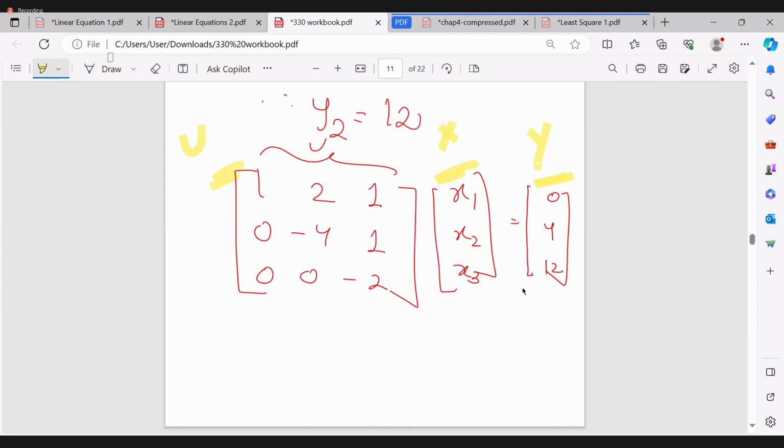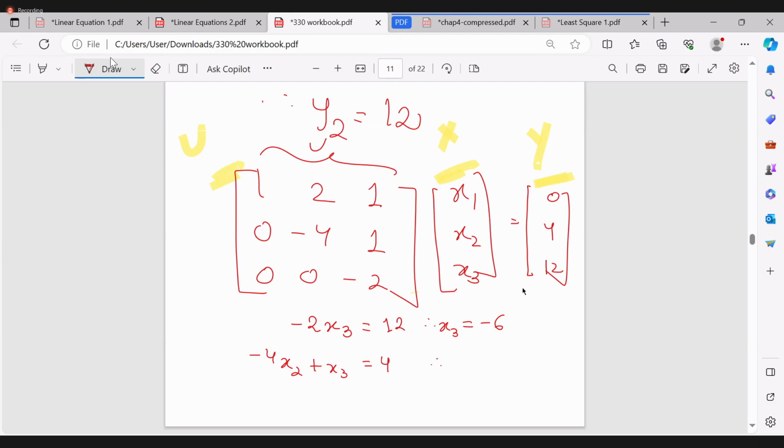Does it make sense? Now you can just go bottom up approach, নিচ থেকে উপরের দিকে যাবেন, bottom up approach to find out the values of x1, x2, and x3. So x3 is minus 6, minus 4x2 plus x3 is equal to 4.